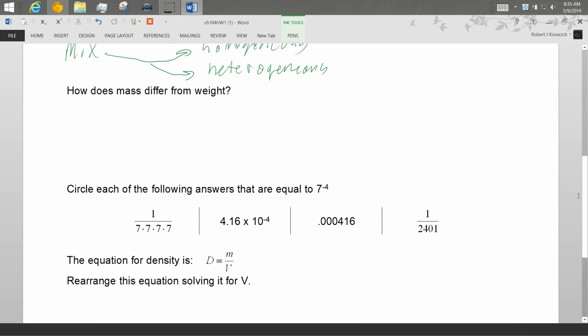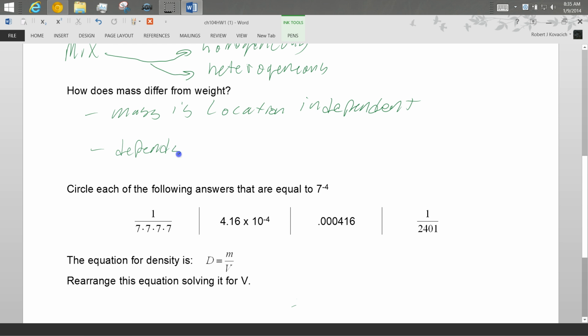How about how does mass differ from weight? Mass doesn't change based on the locations. Good. All right. So mass is independent of location. So no matter where you are, that's what the mass is. And the weight?